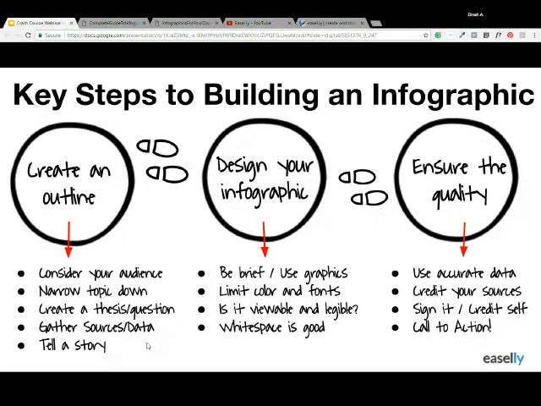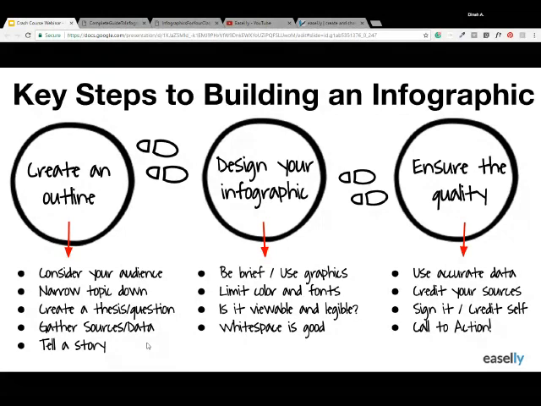And when you take a look at your final project for your infographic, is it viewable and legible? If you can't follow the flow yourself, then your audience definitely will not be able to follow along with your infographic. And don't feel like you need to use every single bit of space on your canvas. White space is good, and it really allows your graphics and icons room to breathe. So don't feel like you have to use all of your space.